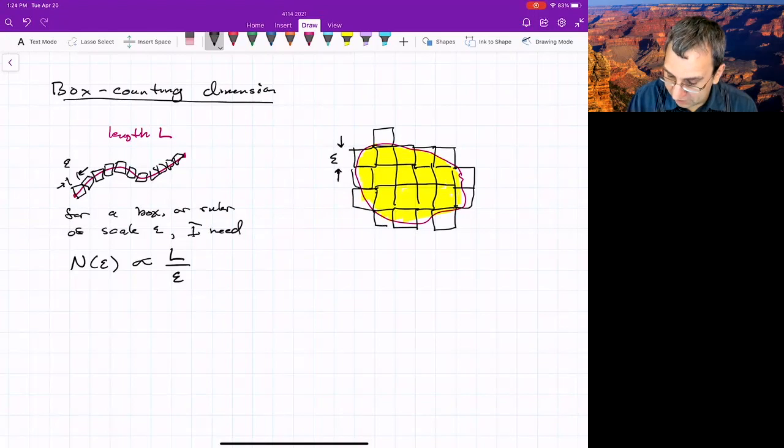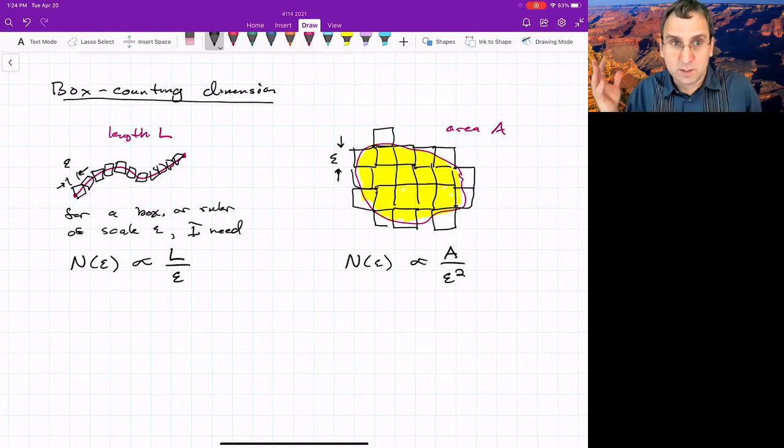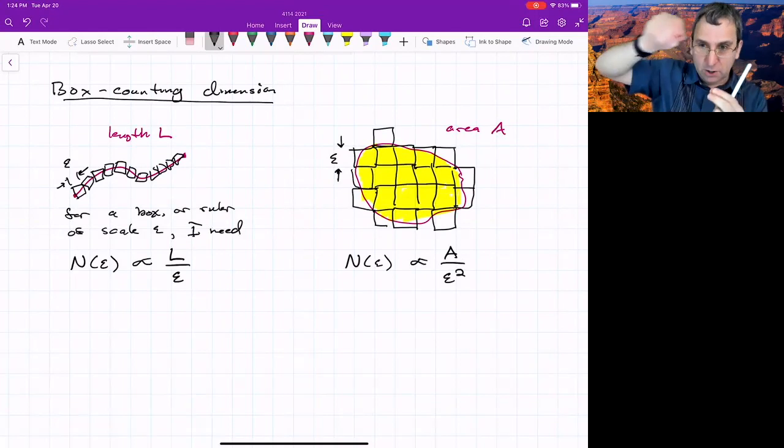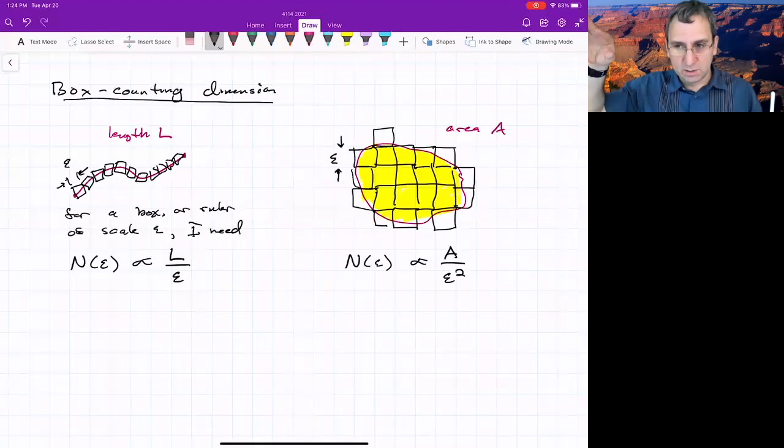What I'll find is that if this region has an area A, the number of boxes that I need of the scale epsilon is going to be proportional to A divided by epsilon squared. So if I shrink my boxes in half, I would need 4 times as many boxes. Whereas to measure this curve, if I shrink my boxes in half, I'll just need twice as many boxes.